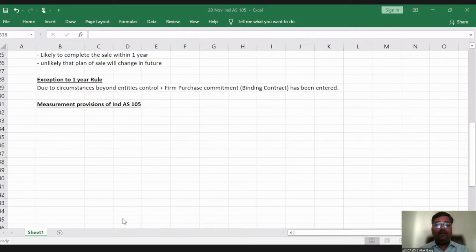What is the measurement provision of Ind AS 105?